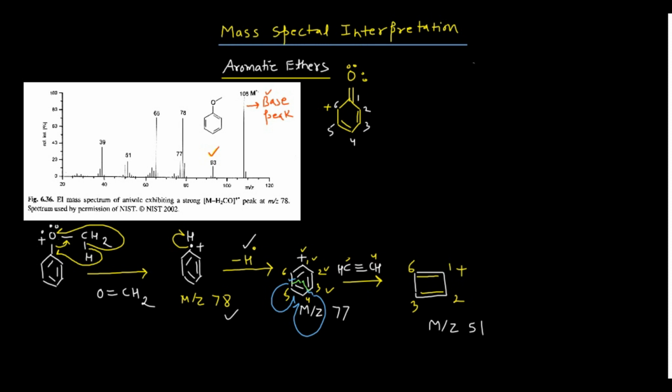Now see this particular species. If you count the total number of carbons, 6 carbons are there, 12 sixes are 72, and then you have the oxygen, which is 16. 72 and 16 will give you 88, and then 89, 90, 91, 92, 93.